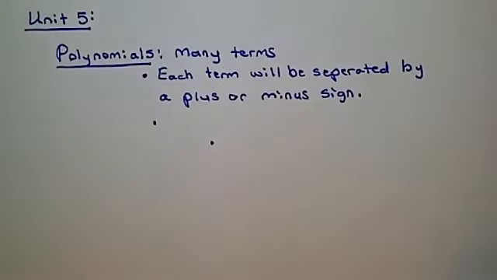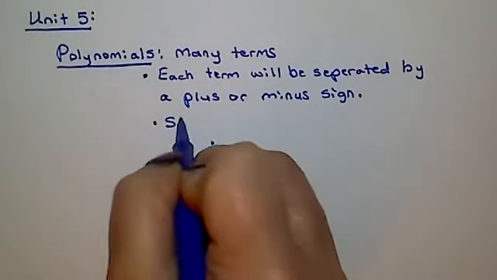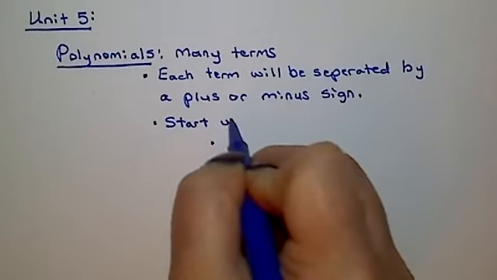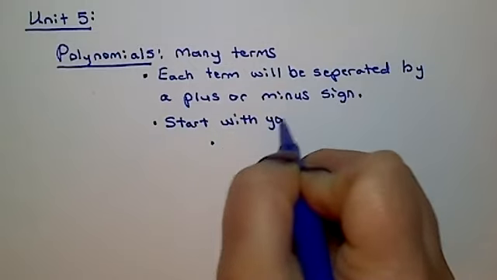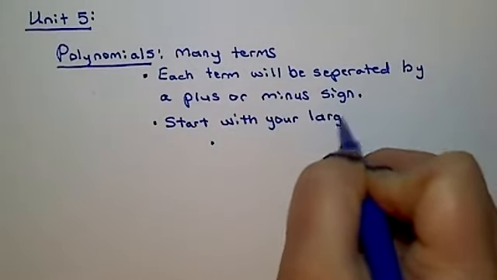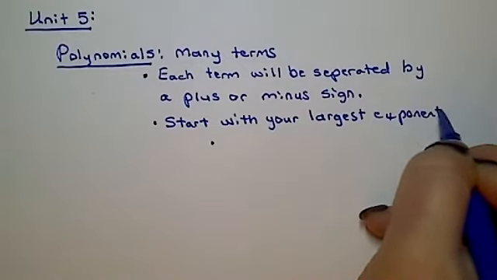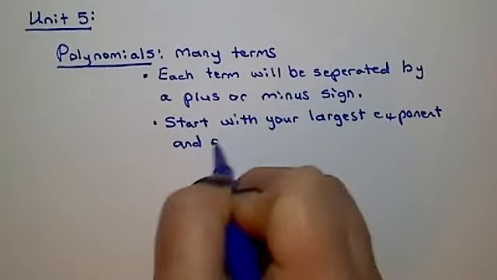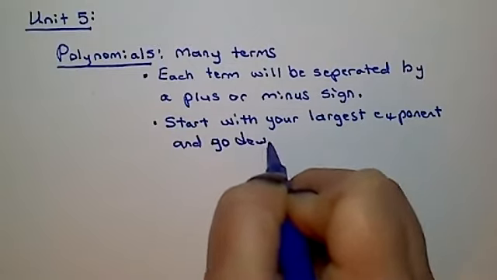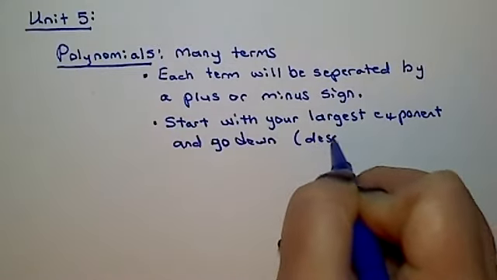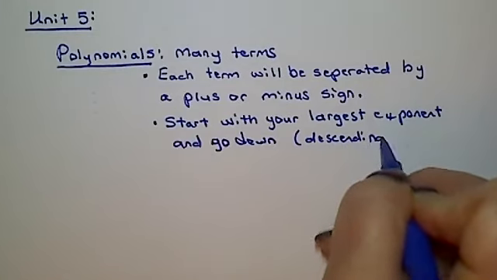And another thing with polynomials is you want to start with your largest exponent and go down. That is called descending order.